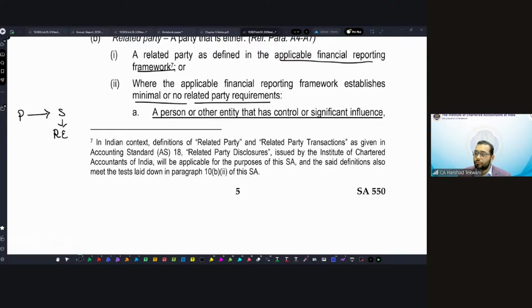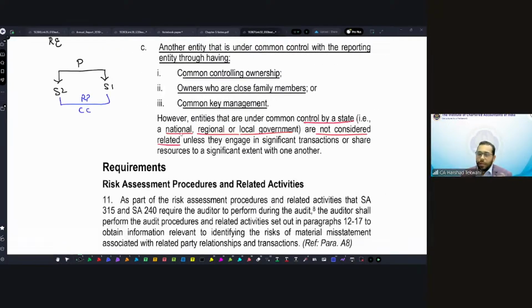Sir, here the government company is excluded, but it's given that if there is a significant transaction or sharing of resources, then it is a related party. What is that, sir? It's mentioned, unless they engage in a significant transaction or share resources. Let's say for example, you have this scenario, subsidiary 1, subsidiary 2.